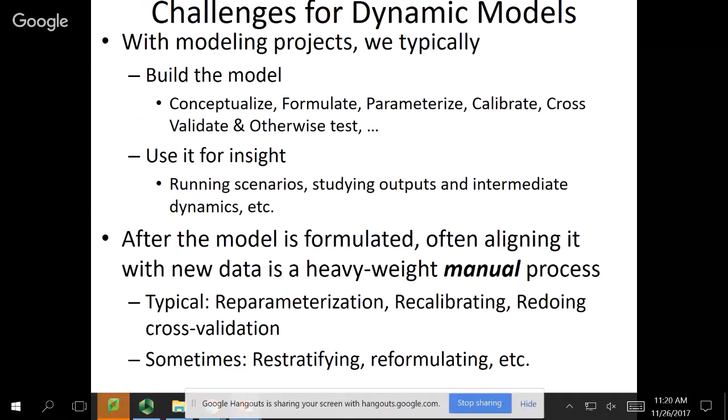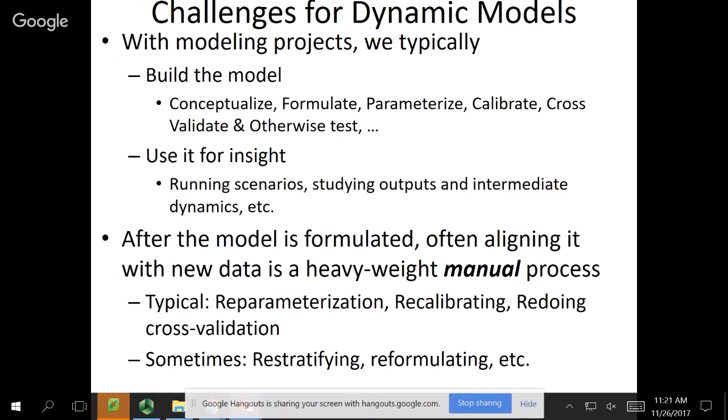So let's think about dynamic models. The challenge here is that with dynamic models, we typically work in a way that doesn't traditionally allow this. We build the model, we calibrate it, we formulate it, we parameterize it, and then we kind of have a break with the evidence in the sense that we stop incorporating evidence, we stop the building, and we start using it.